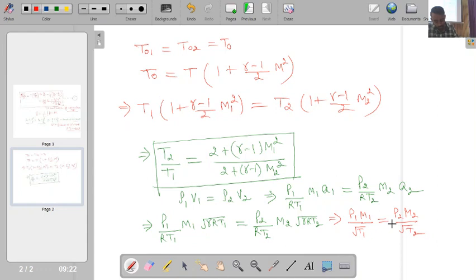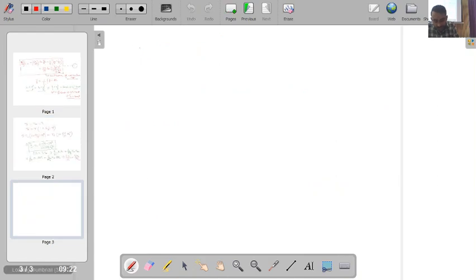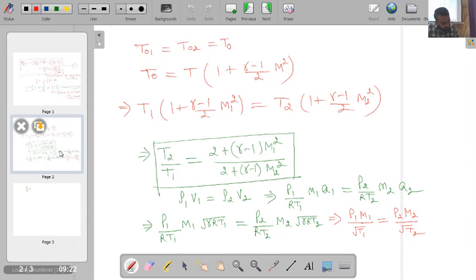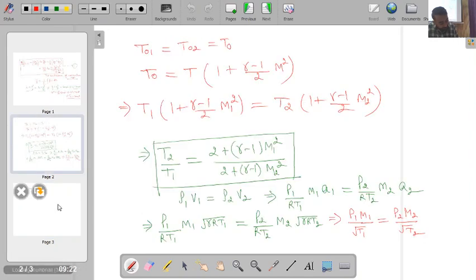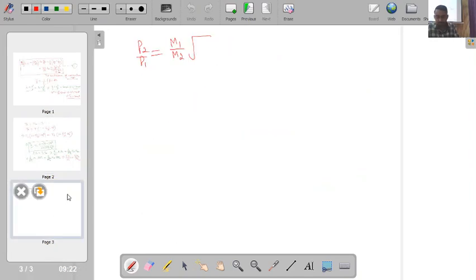Okay, so now my aim is to find out the value of P2 by P1. So if I calculate P2 by P1, it will become M1 by M2 into square root of T2 by T1. We have just now calculated T2 by T1.